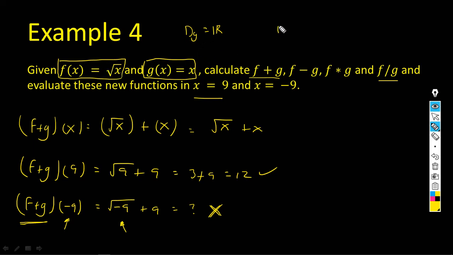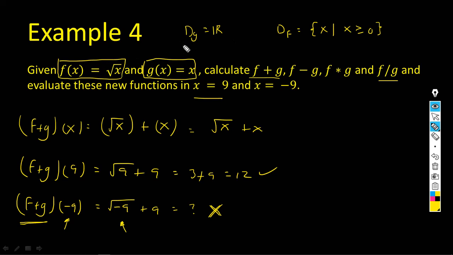So when I calculate the domain of f, as you may know by now, this is only going to be all the numbers x such that x is greater or equal than 0. Why? Because this function doesn't accept negative numbers. The domain of this function is basically 0 and all the positive numbers.